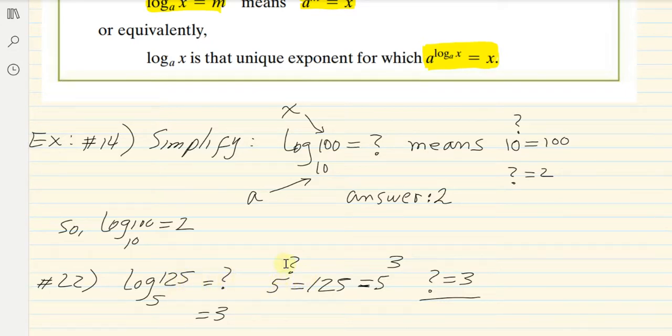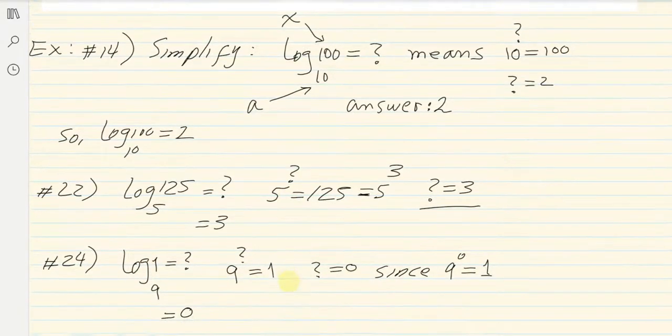So 5 to what power equals 125? If I rewrite 125 as 5 cubed, you can see that by inspection the question mark must be 3. Of course, we don't use question marks in mathematics. Anything we don't know, we call x. So later on, we're going to do away with the question mark and just put x, the variable, for it. So the answer to this one is 3.